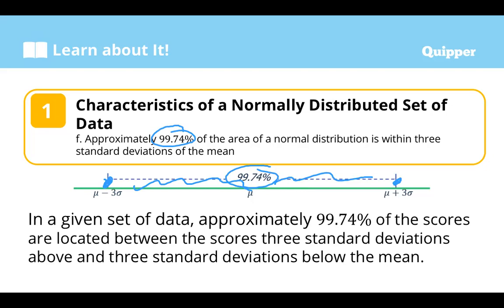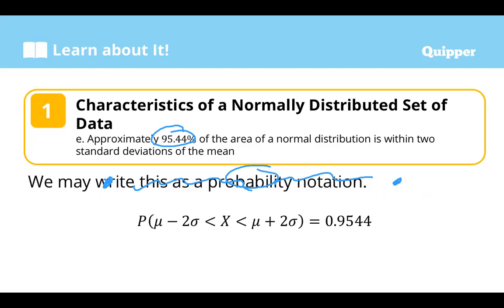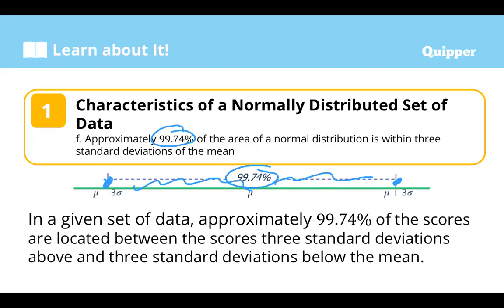Sabihin lang nun, is there's a chance na doon ma-fall din yung ibang mga data natin or scores. Okay? So if we have the area of 1, 1, that is 68.26, and then the second one is 95.44, and yung 3, 3 is 99.74%. Okay?